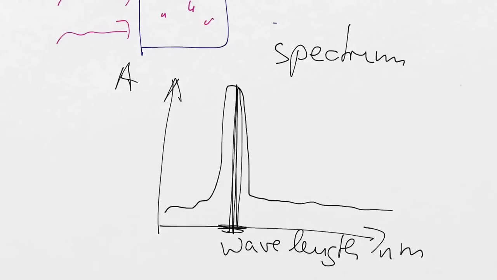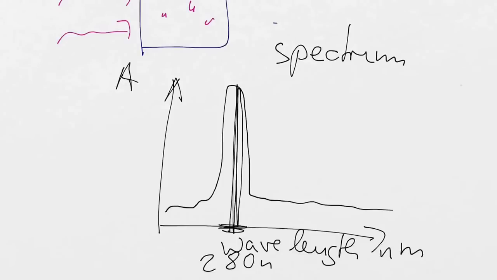And the really clever thing is, you can use these spectra to identify substances. You can look up in a catalog what happens if the substance that I have has a very high absorbance, let's say at 280 nanometers.